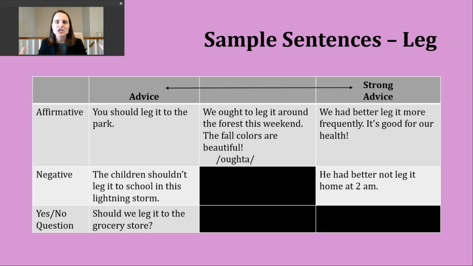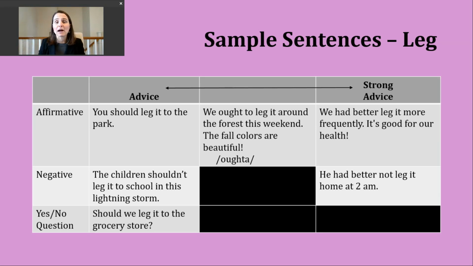So the leaves are changing. In North America, in the Midwest where I live, it is a gorgeous time to take in fall colors. So again, someone is saying as a group it would be a good idea, and maybe we really should do this because these beautiful fall colors don't last for many weeks, so we've got to take advantage of it.